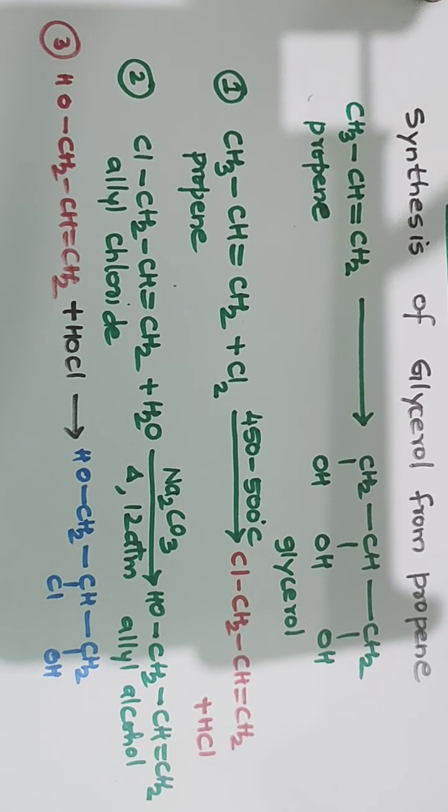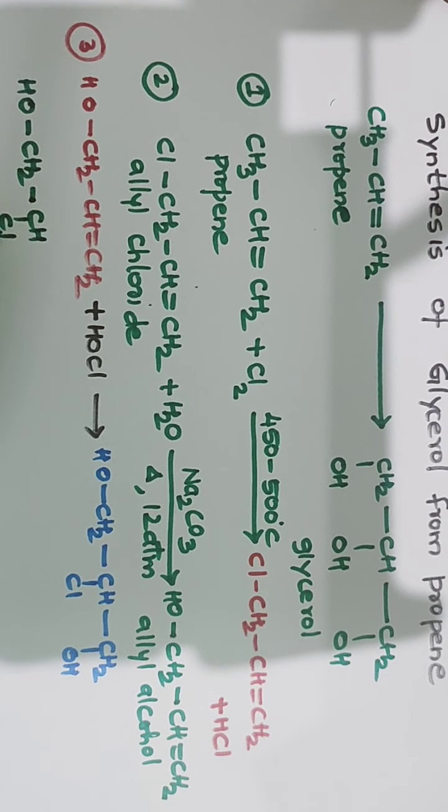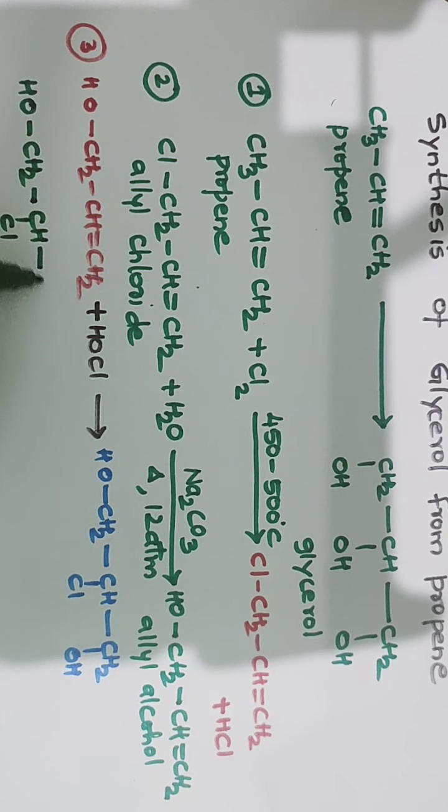is subjected to hydrolysis. So what is the news here? This molecule OH CH2 CH Cl CH2 OH, you already have this molecule. Okay, we have two OH groups. I want to replace this Cl by OH.